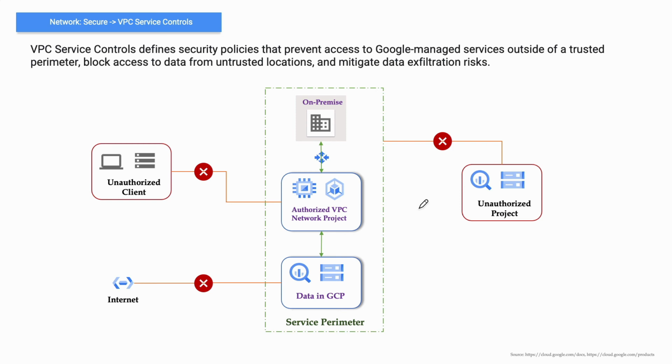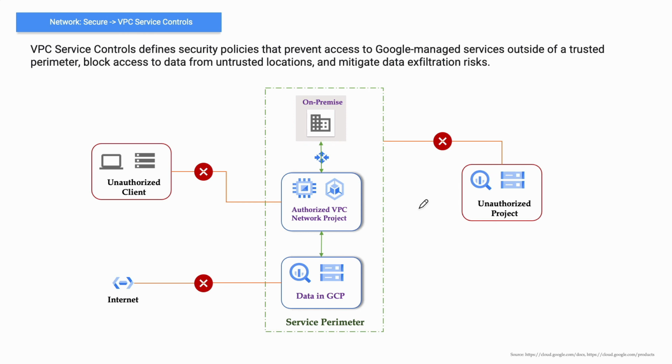You can use VPC Service Control for use cases like isolating Google Cloud resources and VPC network. So in a company, you can have multiple VPC networks, multiple VPC projects, but maybe because of customer data or some compliance requirements, you can isolate a few cloud resources and some VPC networks into a service perimeter.